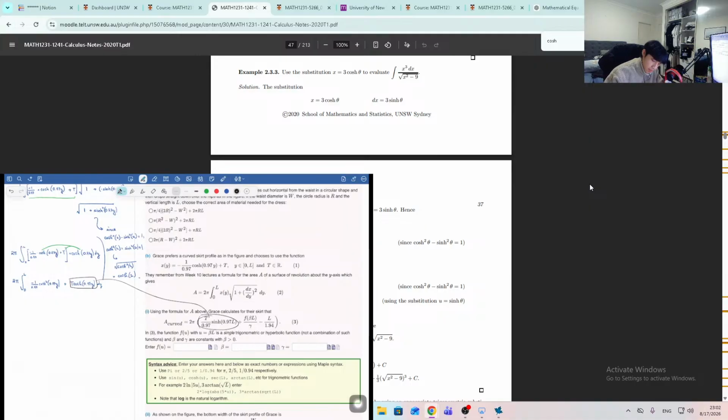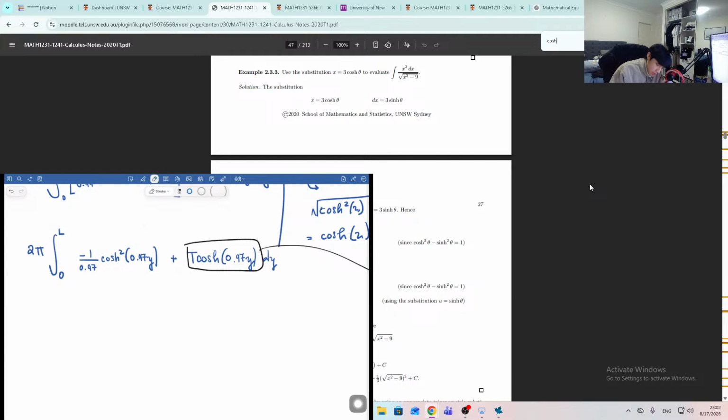Single trig or hyperbolic function. I don't know where to use sinh.